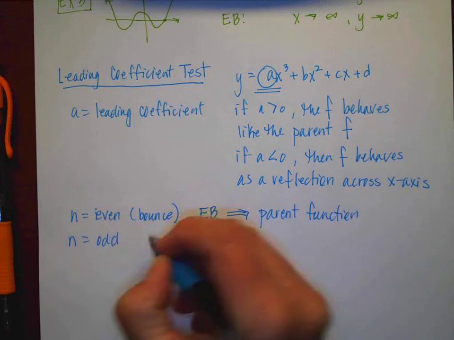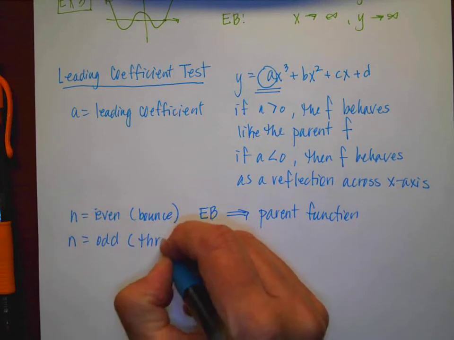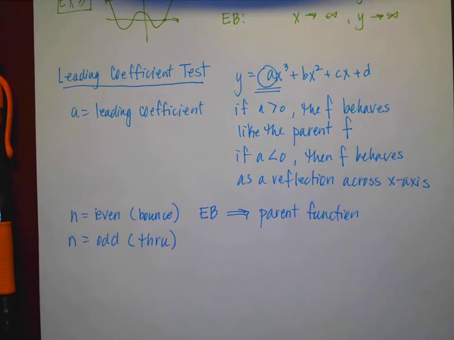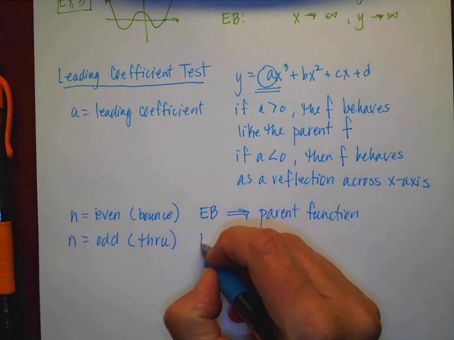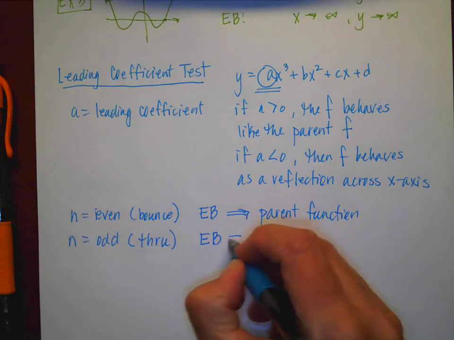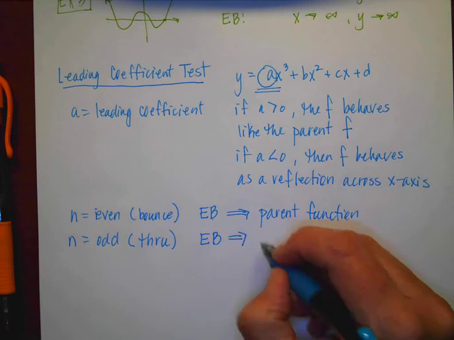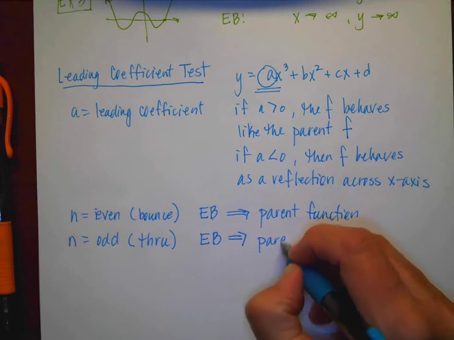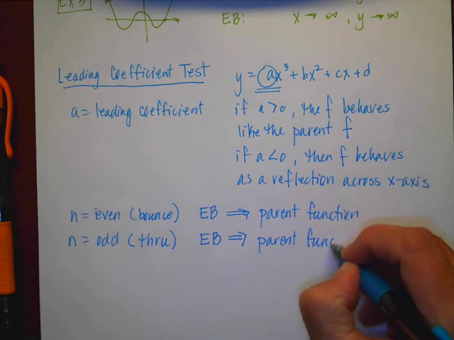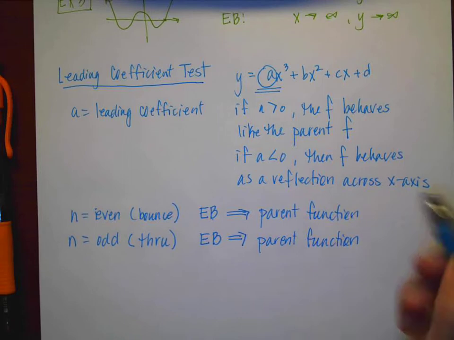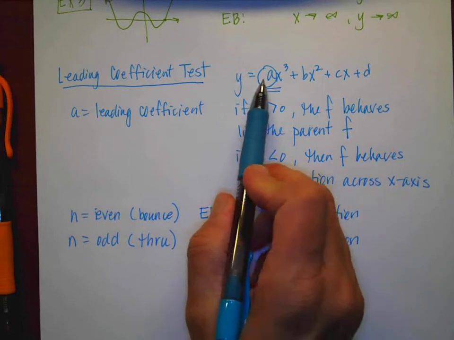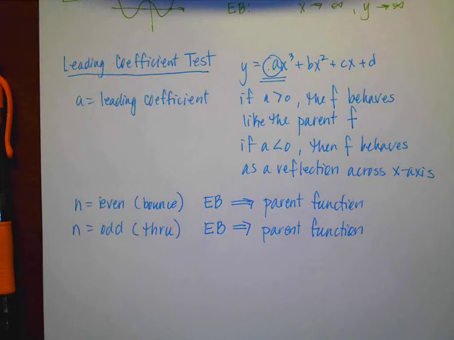And if n is odd, then it's going to be a through and through, right? So the function is going to go through the axis, and then the end behavior is also going to behave like the parent function.